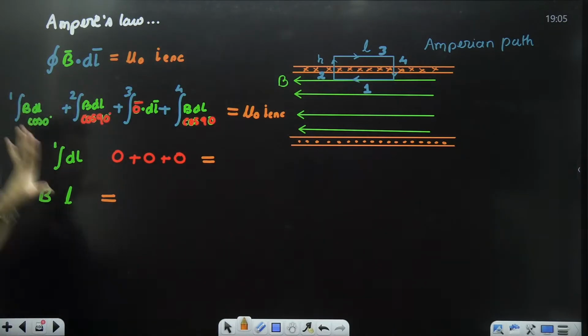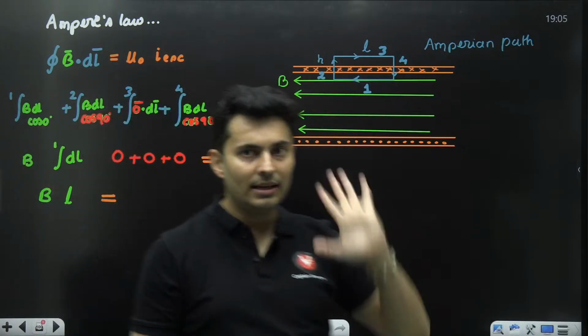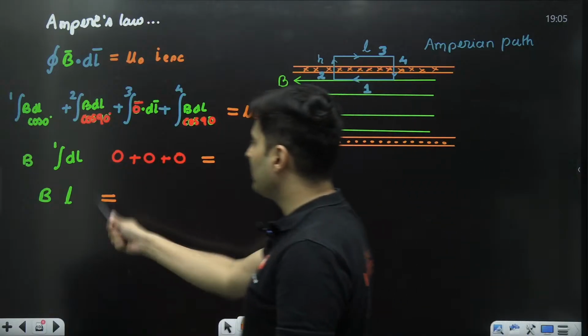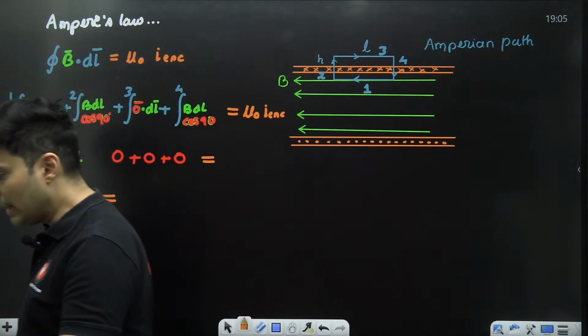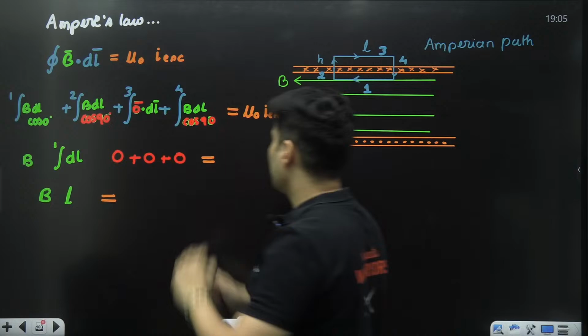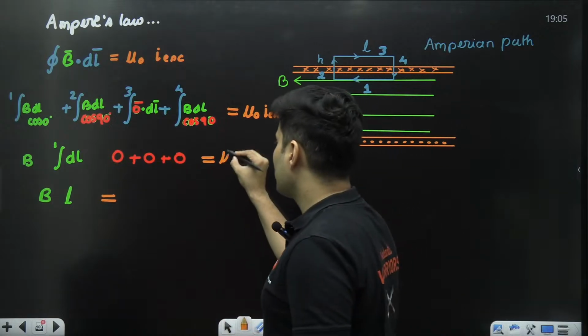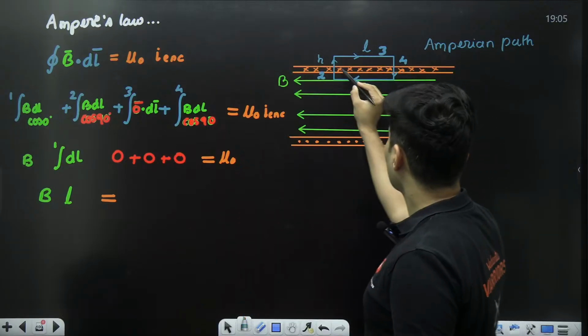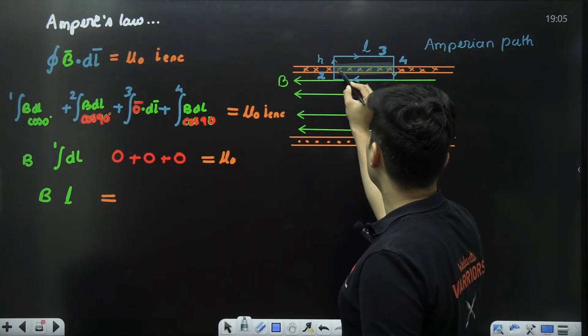Everyone clear how we have used Ampere's loop law for the left hand side right now? We have not yet solved for the RHS. This is only the LHS. Now let's go to the right hand side. Enclosed current. Be careful. Enclosed current means only this much. Only how much is enclosed over here.